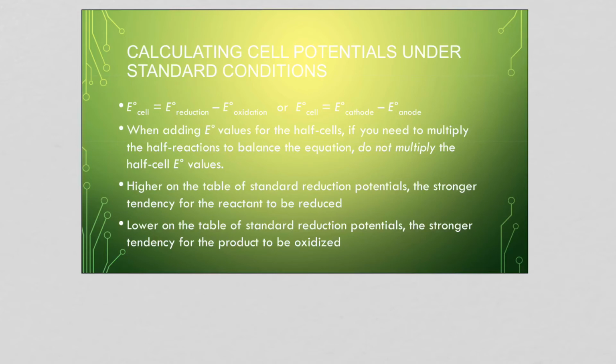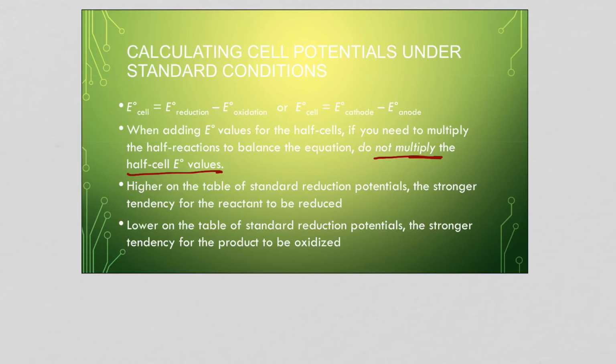So when we go to calculate these, we do not multiply by coefficients. That's the first thing. In thermodynamics, we get used to multiplying by coefficients because thermodynamic values are extensive. Cell potentials are not extensive.